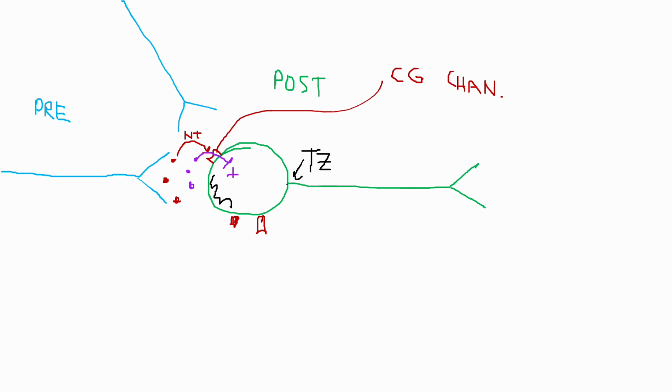So I'm just drawing some additional receptors on our postsynaptic neuron here. Okay. So let's say that the neurotransmitter released from the presynaptic cell binds to these chemically gated channels. They're the same type of chemically gated channel, so they're going to let in the same type of ion. So we're going to see influx of more of this positively charged ion into the cell.